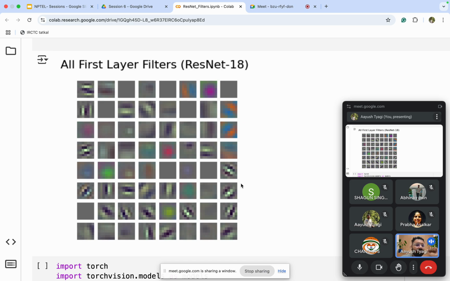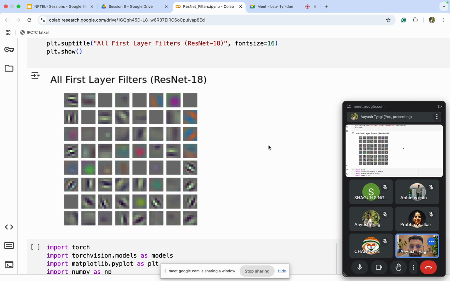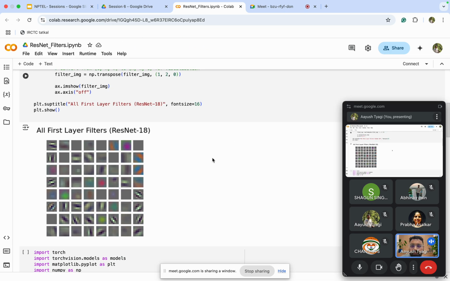Because the modality actually requires that. So these are basically the learned features which ResNet actually learns, and we'll go back to see the importance and see if we can actually design some filters.